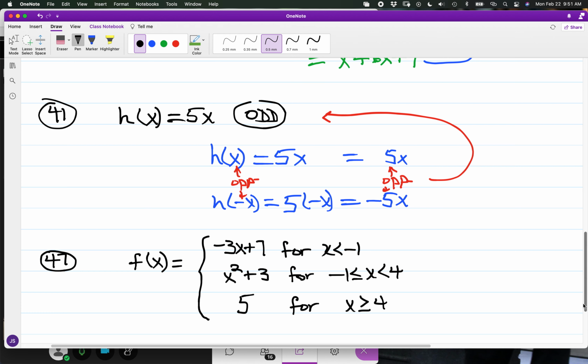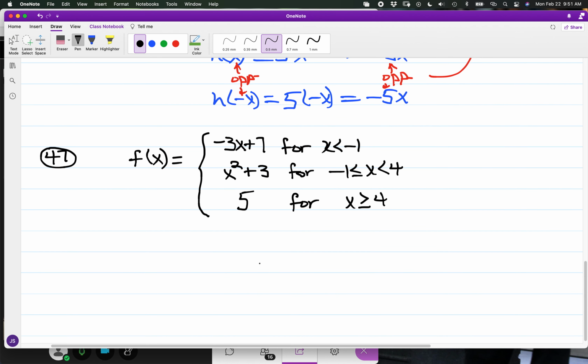Looking at the different inputs here, we're looking for f of 3, f of negative 2, f of negative 1, and also f of 4 and f of 5.